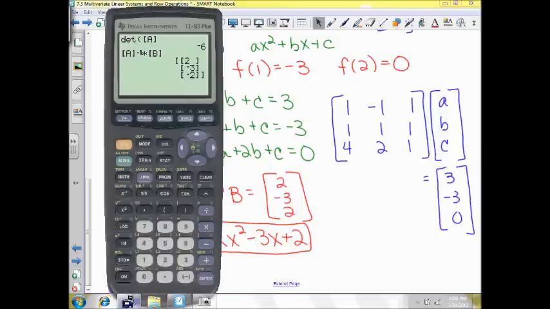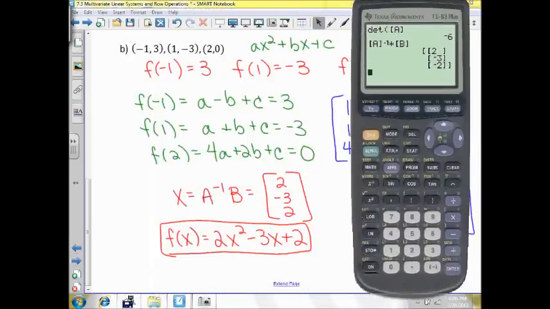Again, let's just check to make sure that all the points are in there. I'm going to find values here. F of negative 1 is incorrect here.